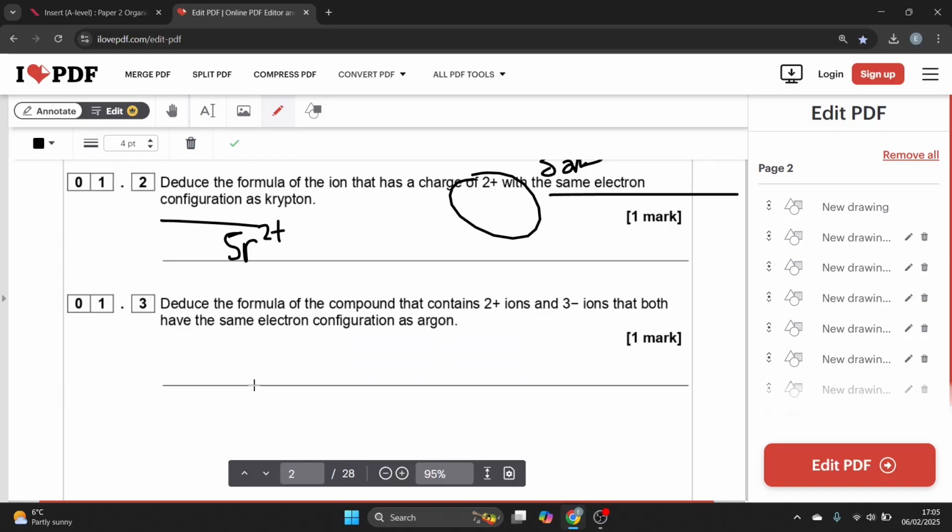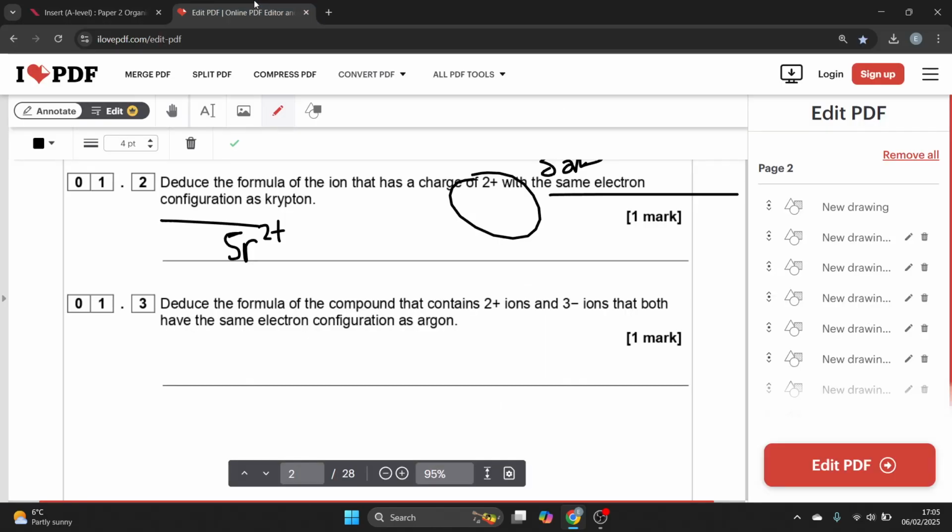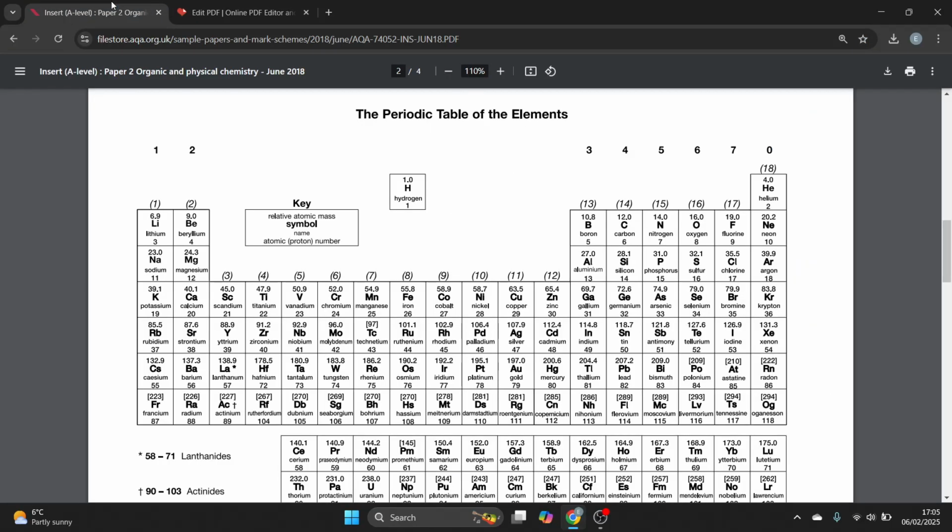Deduce the formula of the compound that contains 2+ ions and 3- ions that both have the same electron configuration as argon. I look at argon, 18 electrons. Now it's 3-, so it's going to have to be phosphorus because it's 15 electrons, and I'm going to add 3, which will give me 18.